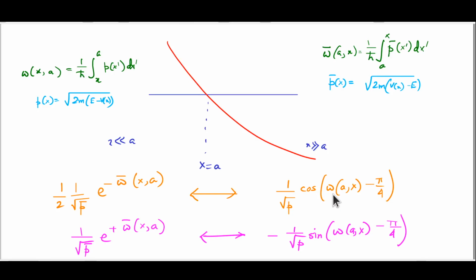Note that here we are talking of w a comma x because here the classically allowed region is to the right of the turning point, so x is bigger than a and w a comma x is positive. The decreasing exponential behaves this way. The increasing exponential, on the other hand, is e to the plus w bar x comma a, and that connects to minus 1 by root p sine of w a comma x minus pi by 4.